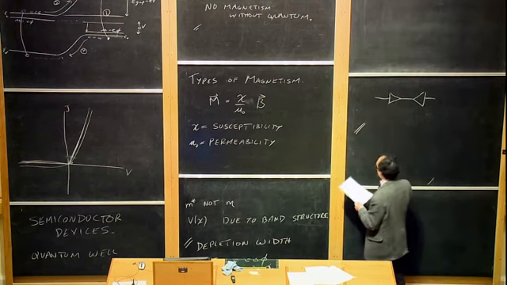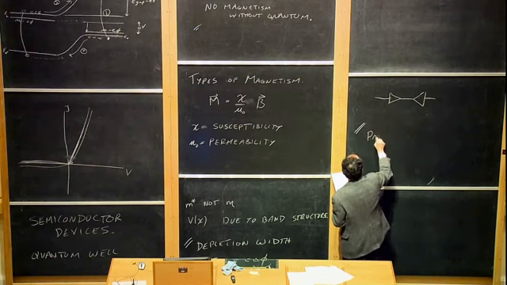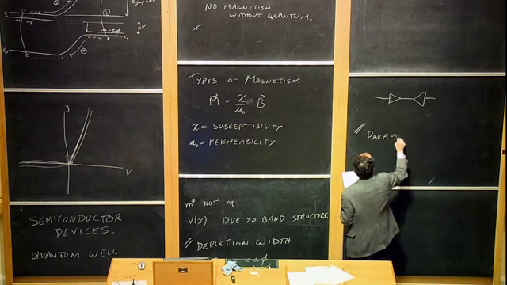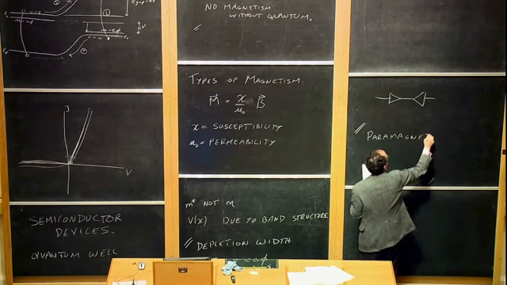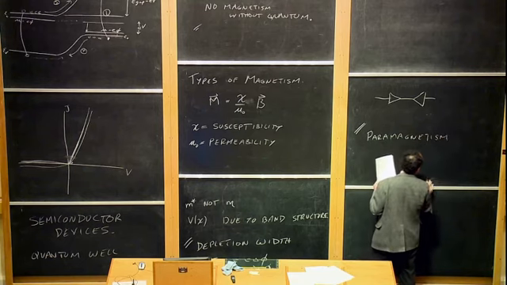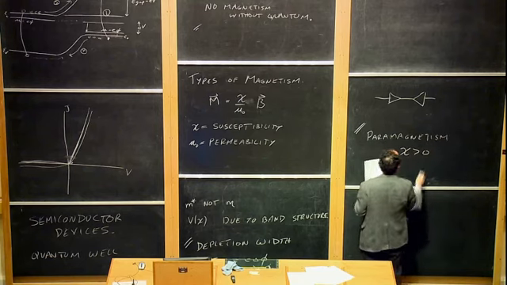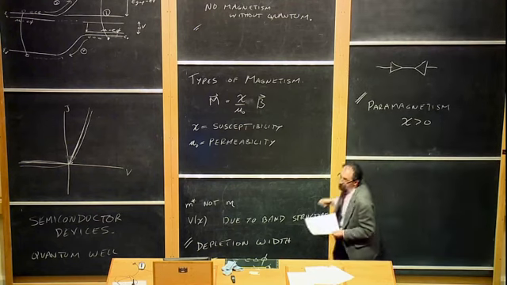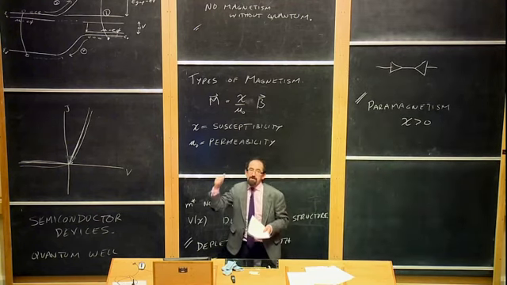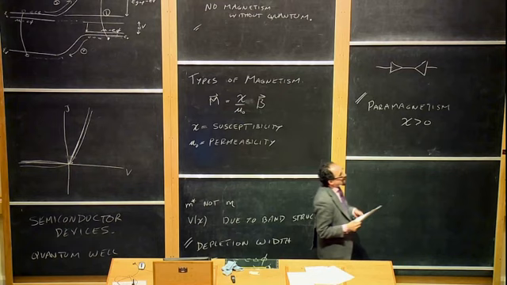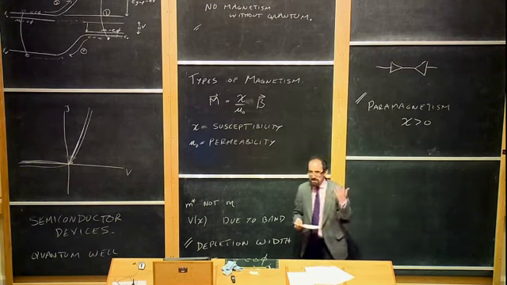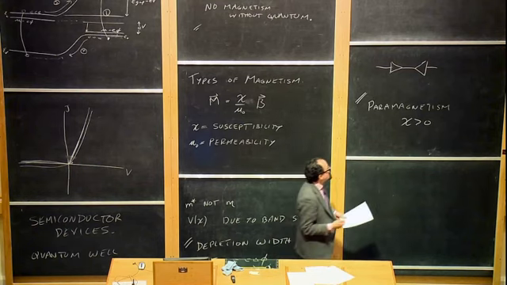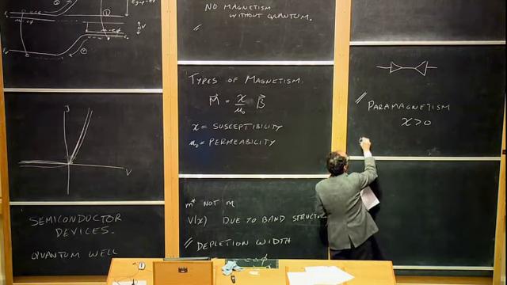So given that as a definition, there's a couple kinds of magnetism that you can have. One is paramagnetism, or a paramagnet, which is any material with chi greater than 0. In other words, you apply a magnetic field, and you get a magnetic moment in the same direction as the field that you applied, which seems to make some amount of sense. And we know a couple of examples of that.